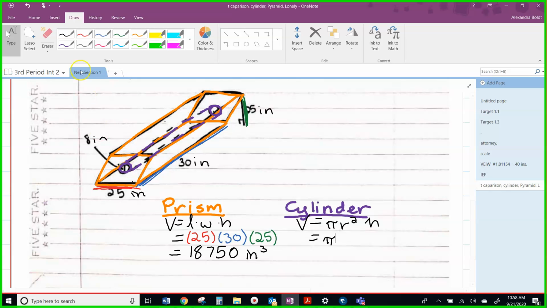Okay, so this 8 inches is my diameter. So in order to get my radius and what I actually want to plug in, I need to do 8 times 1/2 equals 4. Okay, and this 4 is the radius that I'm going to use.